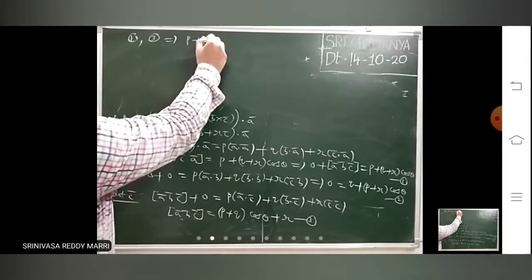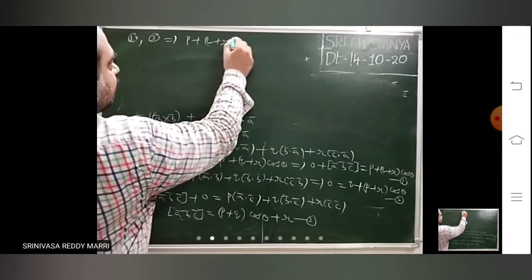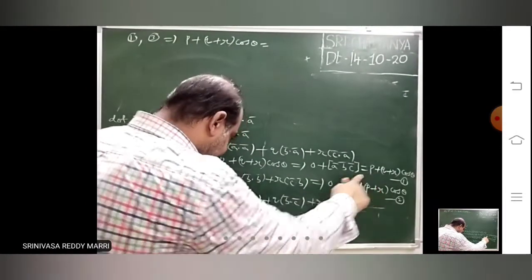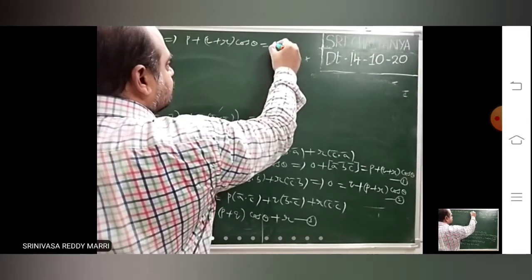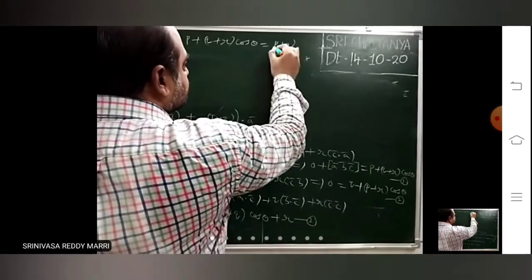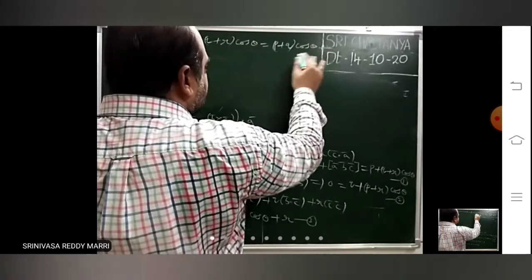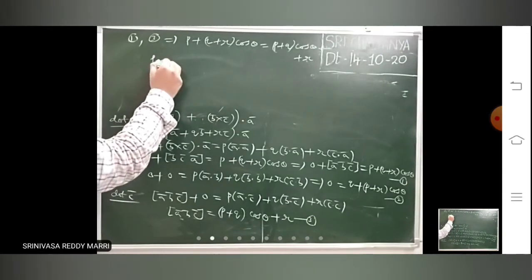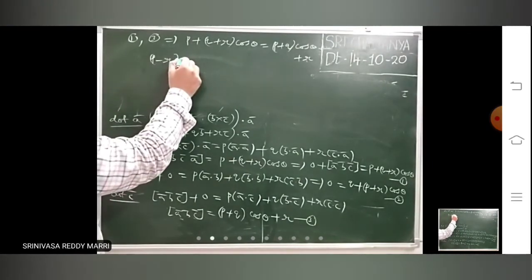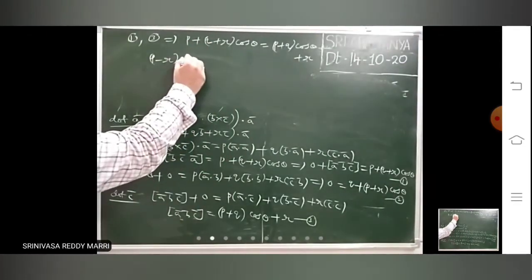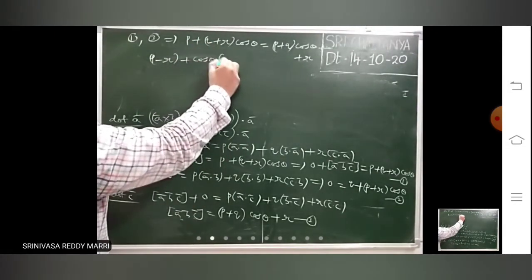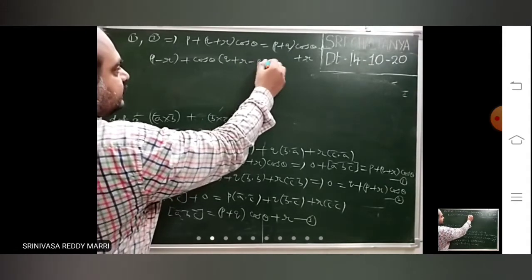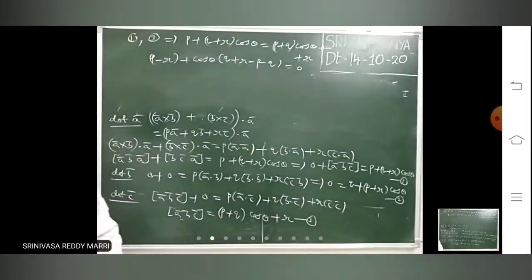That means P plus Q plus R cos theta equals P plus Q cos theta plus R. Bring this side over: P minus R, plus cos theta taken common, Q plus R minus P minus Q equals 0.